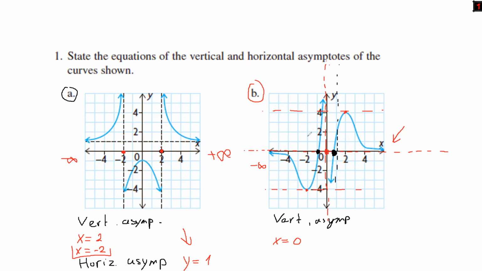But Alan is completely right. We cannot say that this is a horizontal asymptote for the graph, because this graph is passing this line, going over it. So we have only one vertical asymptote that is clearly visible.